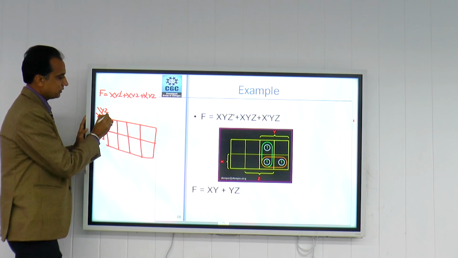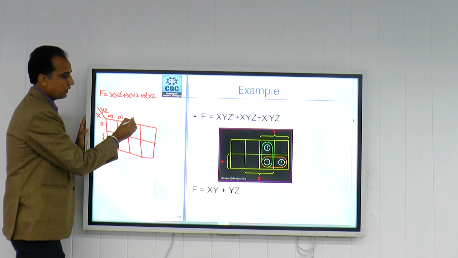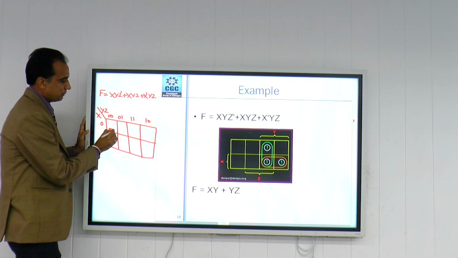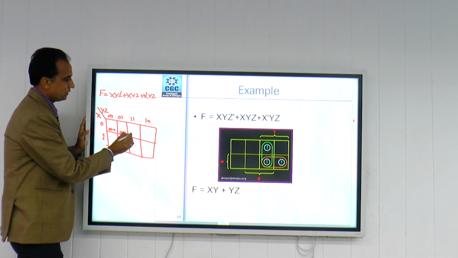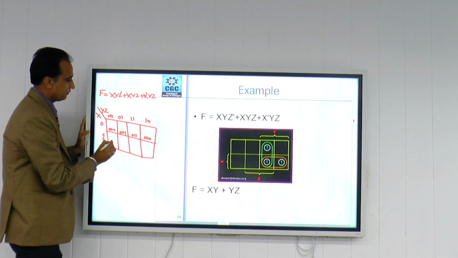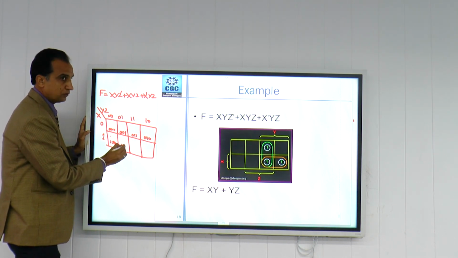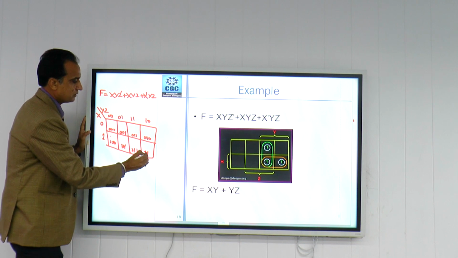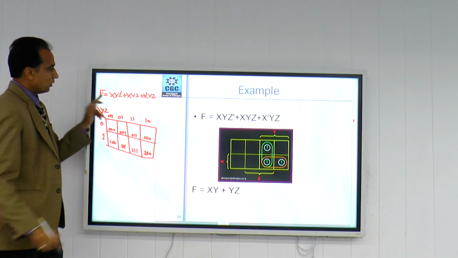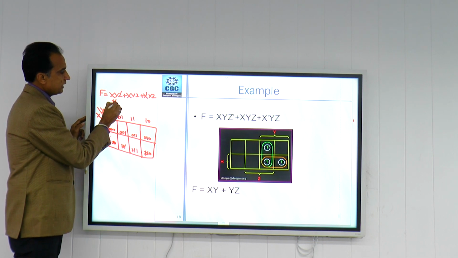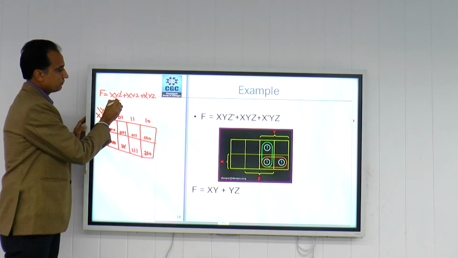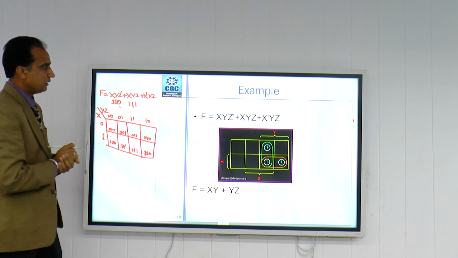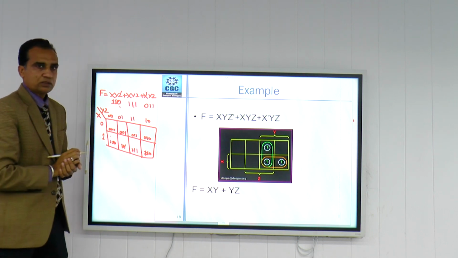The values are 0, 1, and then 0 0, 0 1, 1 1, 1 0, representing 0 0 0, 0 0 1, 0 1 1, 0 1 0, 1 0 0, 1 0 1, 1 1 1, 1 1 0. And now, according to this equation, the first element represents 1 1 0, then the second element represents 1 1 1, and the third 0 1 1.